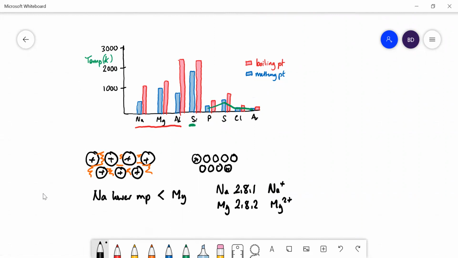Also, why is the magnesium ion smaller than the sodium ion? They both have the same electronic structure, 2,8, once you lose the outer electrons. But sodium has a larger ionic radius because it has less positive charge in the nucleus. It's only got 11 protons pulling in those electrons, whereas magnesium has 12, so it's smaller. So not only is magnesium more highly charged, it's also smaller, so it's got a higher charge density.